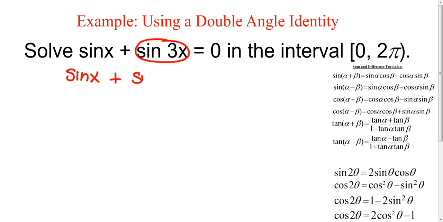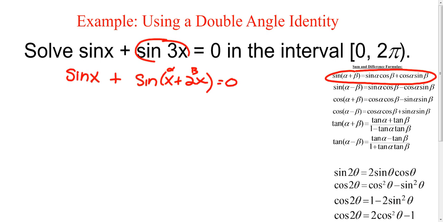And I am going to say that 3x is the same as x plus 2x. Okay? People get tempted to distribute this through, but you cannot do that in trig when you're dealing with summation of angles. So instead of distributing, you need to use your sum and difference formulas. Pretend this is your alpha and this is your beta, and you're going to use this little formula right here, which is your sum and difference formula.